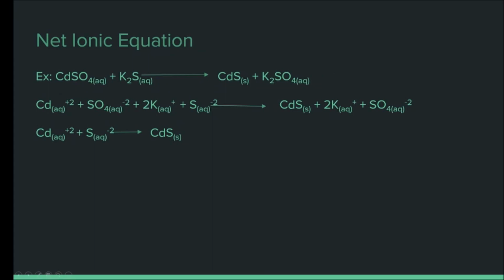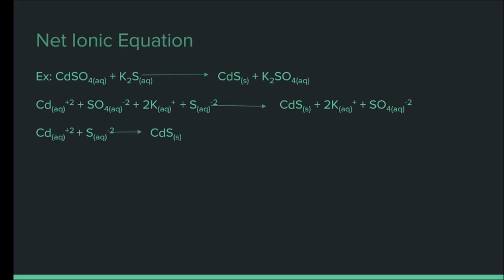So for example, this is a precipitation reaction where cadmium sulfate and potassium sulfide react together to make cadmium sulfide and potassium sulfate, but cadmium sulfide is insoluble according to the solubility rules.